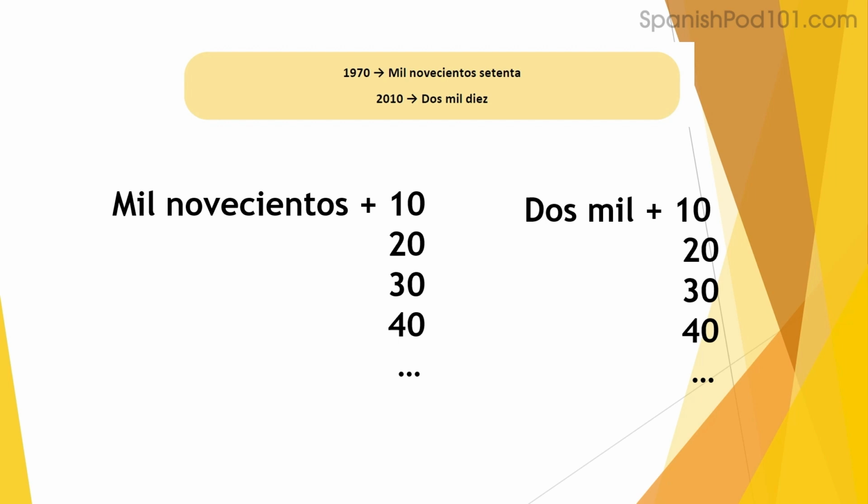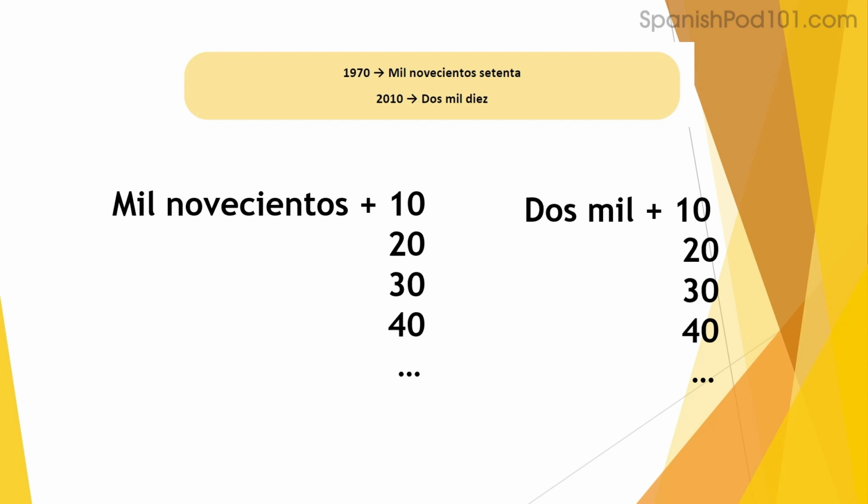Okay, so now we're going to quickly go through how to pronounce the years in Spanish. Obviously I'm not going to teach you how to say every single year from 0 to infinity, because it would end up being a very long video. But I'm going to teach you the two most important years, especially for beginners.